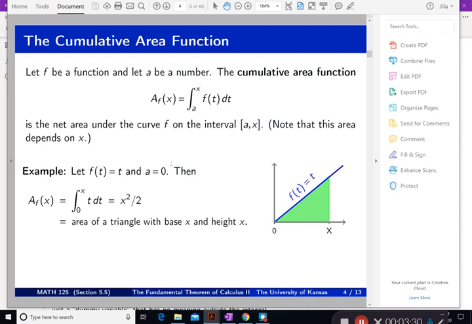Wherever the x is, the height is going to be x, the width is going to be x also. X times x divided by 2 is the area underneath, and so it matches what we are expecting.